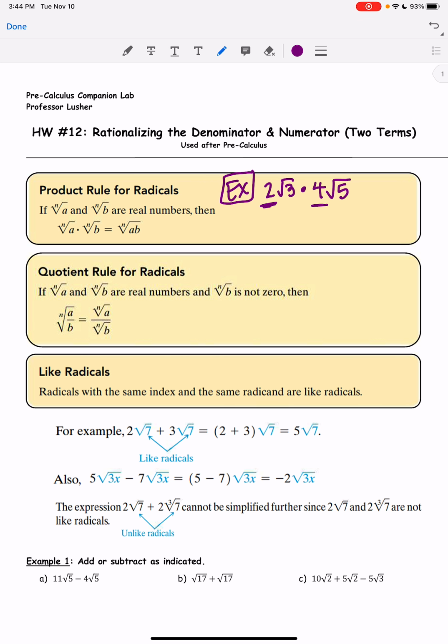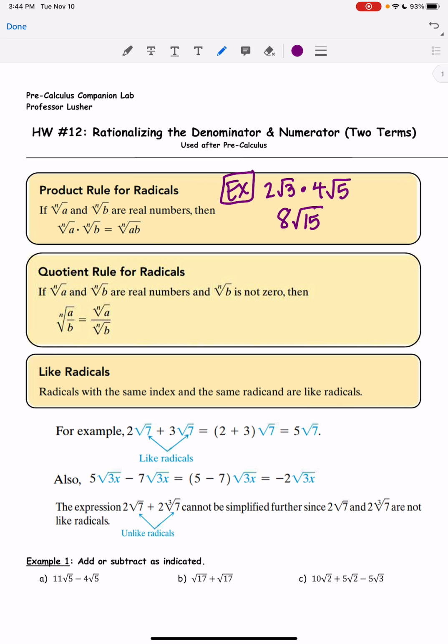So 2 times 4 gives me 8. And then square root 3 times square root 5 gives you square root 15. Okay, we're going to need that a lot. The quotient rule, I'm honestly not sure if this one's going to come up, but we used the quotient rule in last lesson.